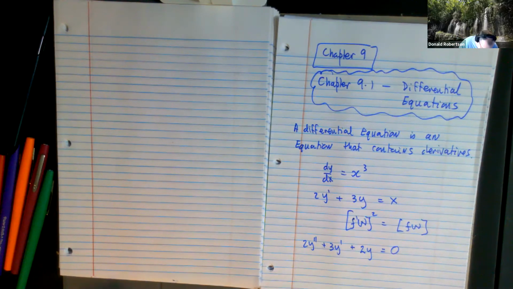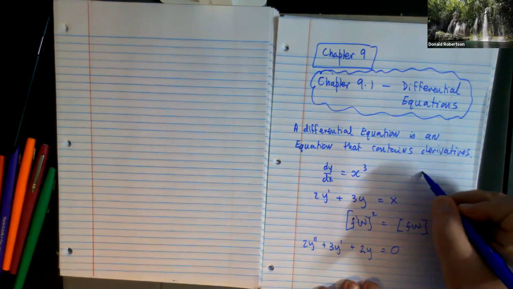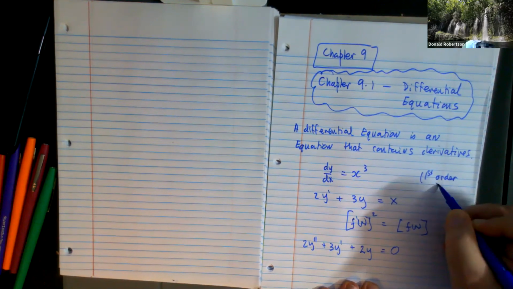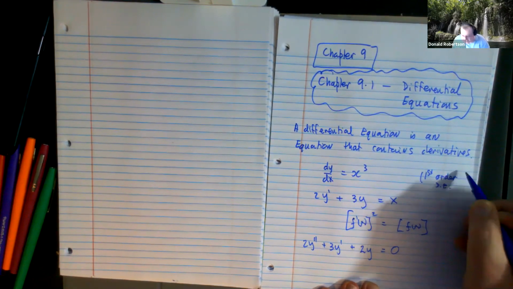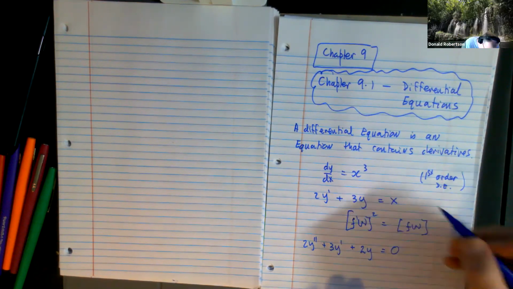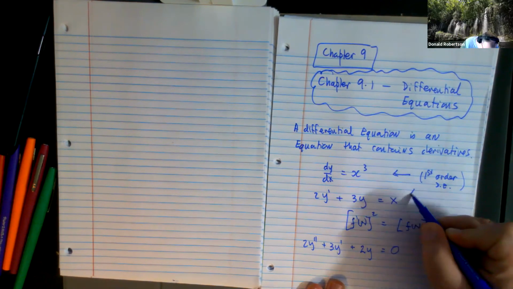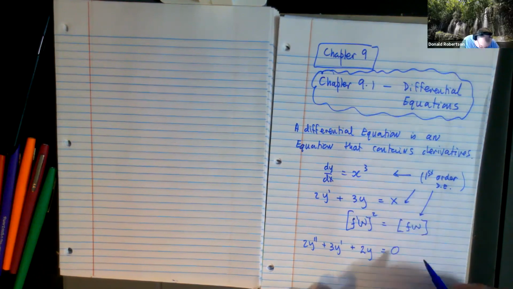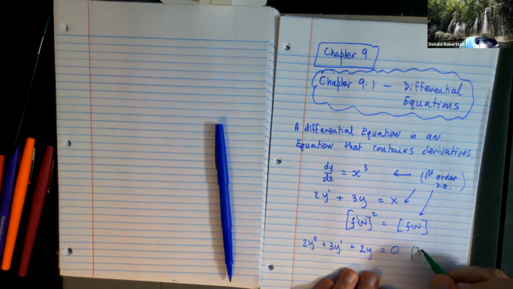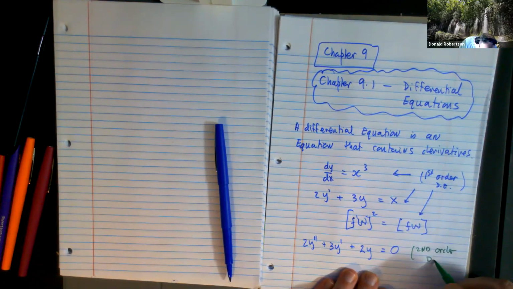So we call these first order. And nobody ever writes differential equations. We all call them DE for short. So this is a first order differential equation. So is this, and so is this. But this fella is called a second order differential equation.